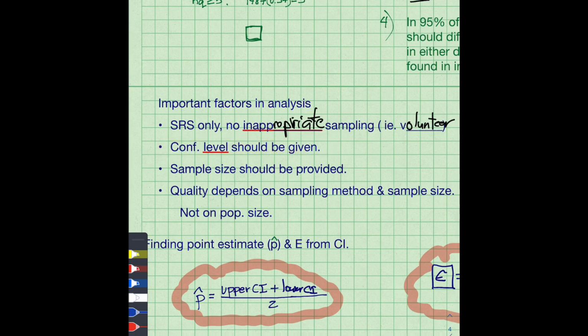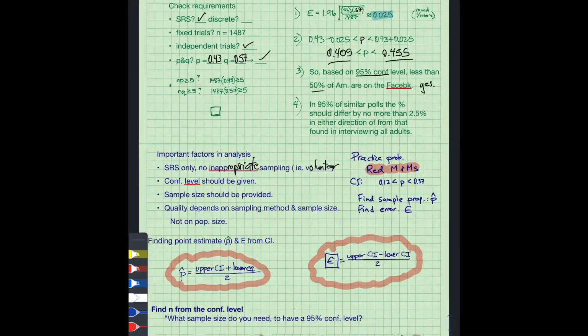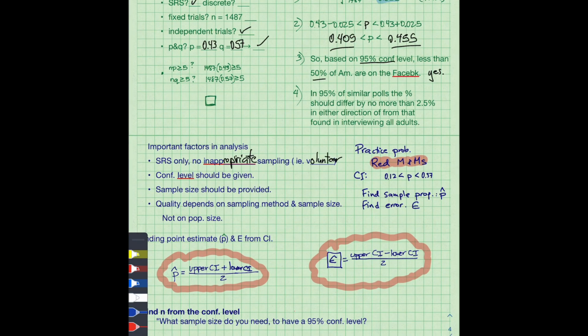In fact, you can't proceed if you don't know the confidence level. Sample size, yes and no. They will primarily give it to you. Some of the problems are going to have you actually come up with the sample size. But if you know the sample size, then they're going to give you the error. More on that in just a moment. And then finally, quality. If you want good analysis, you've got to have a good method and a good sample size. If those two things aren't present, then it doesn't really matter what type of math you're doing, you're left field.